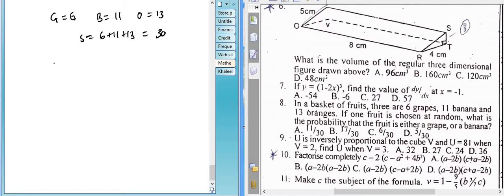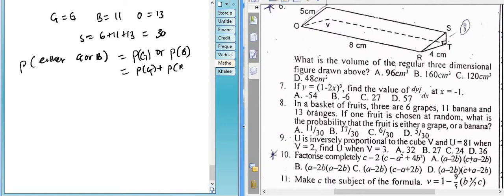So all we need is the probability that the fruit is either G or B, which is equal to probability of G plus probability of B. So probability of G is equal to 6 over 30, 6 over the total number 30, and then probability of B is 11 over 30.